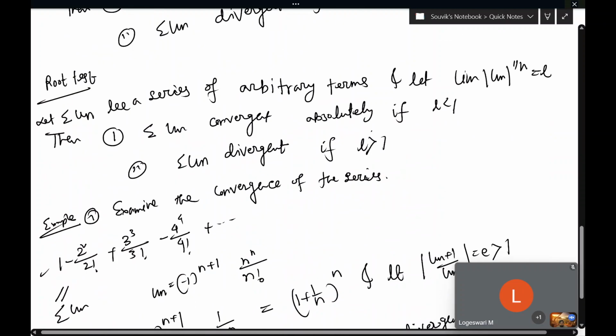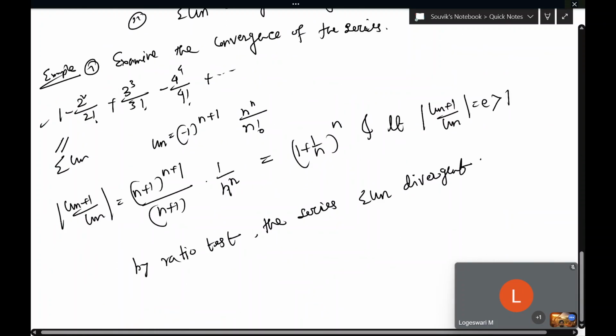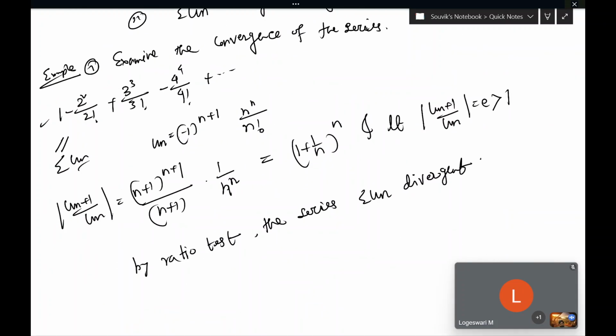Now consider this example. First we denote this series summation u_n, and we write (-1)^(n+1) n^n/n!. Then we calculate |u_(n+1)|/|u_n|. Now we see that this is equal to (1 + 1/n)^n, and the limit of this is greater than 1.